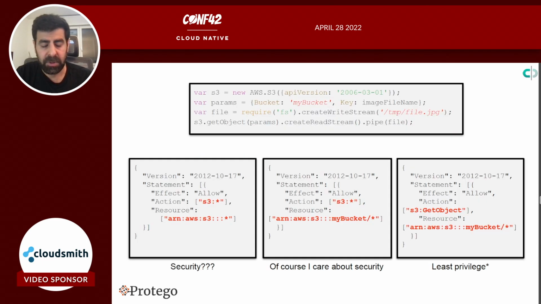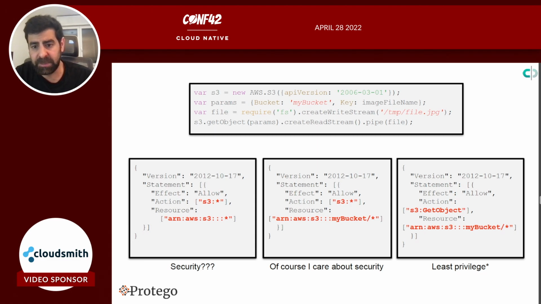Here is an example. So the last part on the left is an S3 permission that has really a wildcard both on the action and the resource. In the middle, we've added some security, which is adding the specific bucket, but on the right side is the least privilege. We can see the get object and the bucket names.